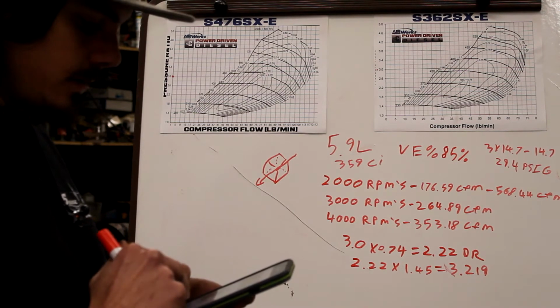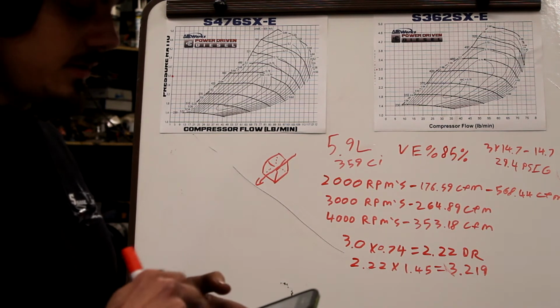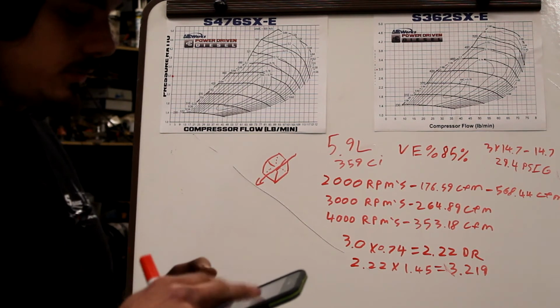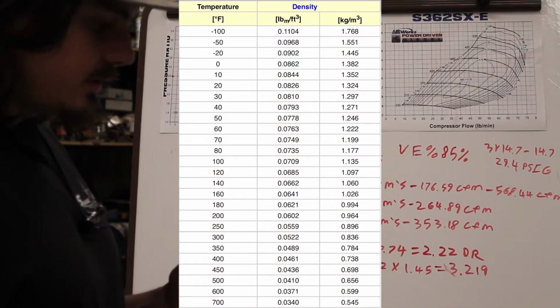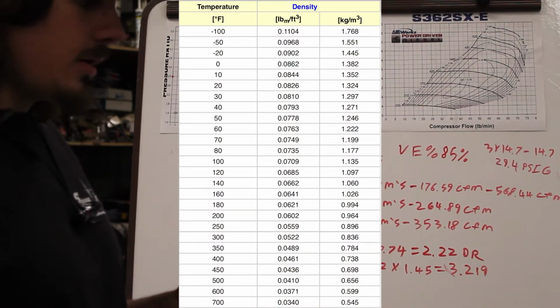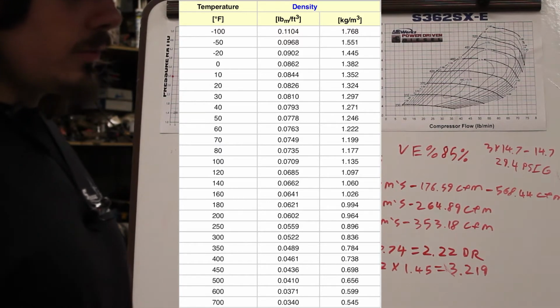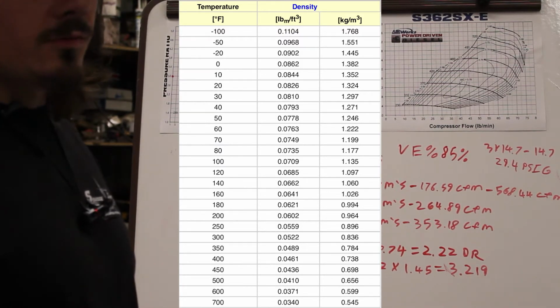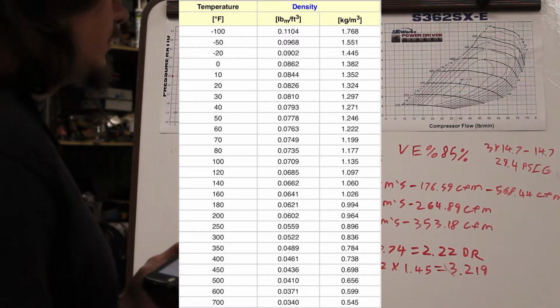The EGT probe transfers much faster. I'm going to a chart that has the air weight by temperature. We'll put up a picture of this on the video, but engineeringtoolbox.com has the air's weight in both pounds per cubic foot and kilograms per cubic meter by temperature.